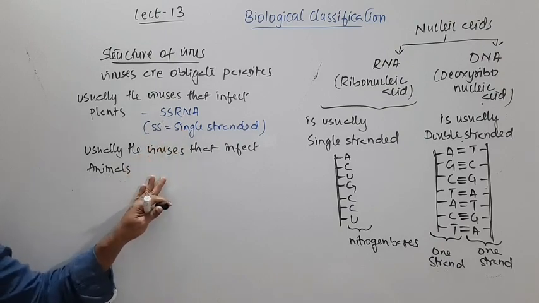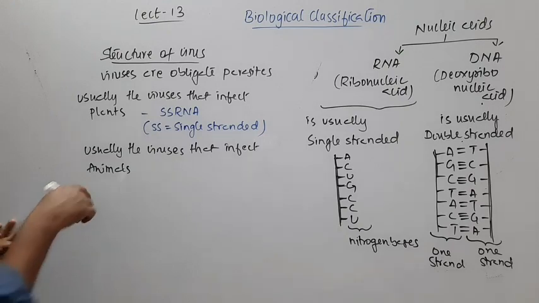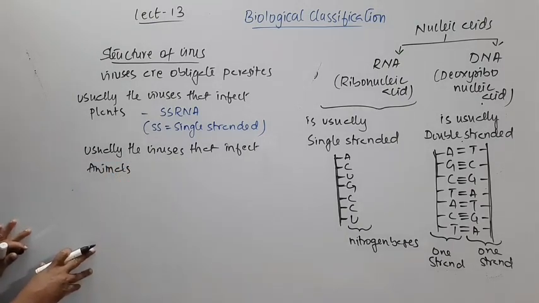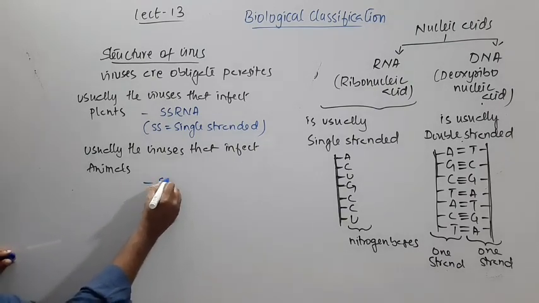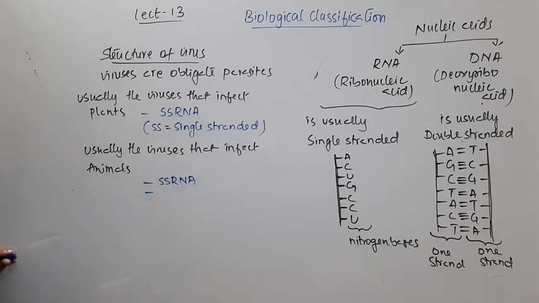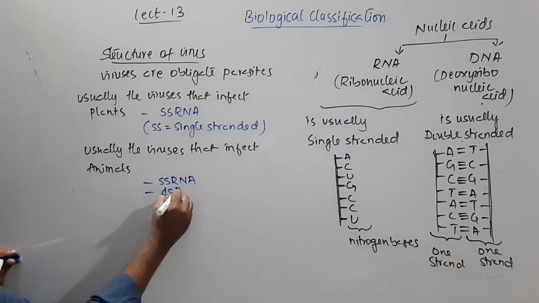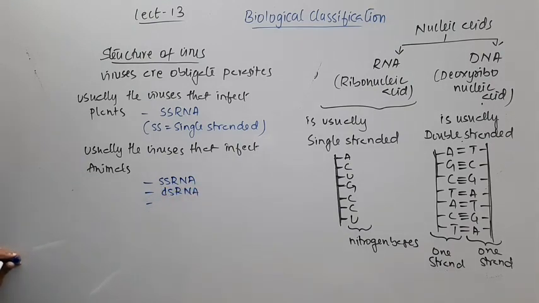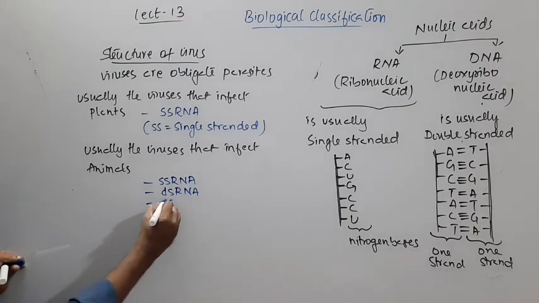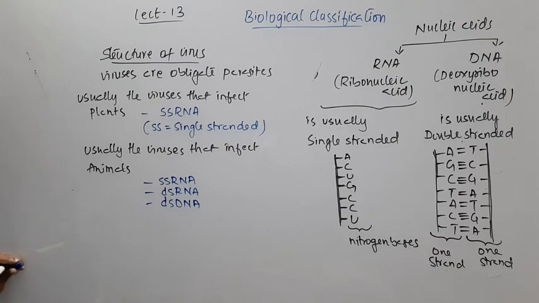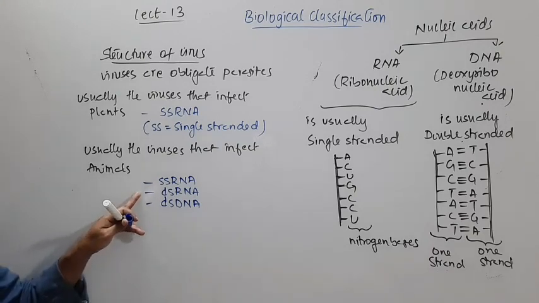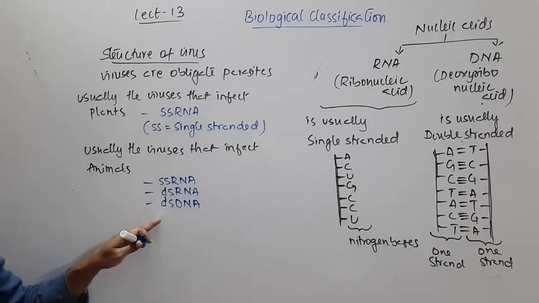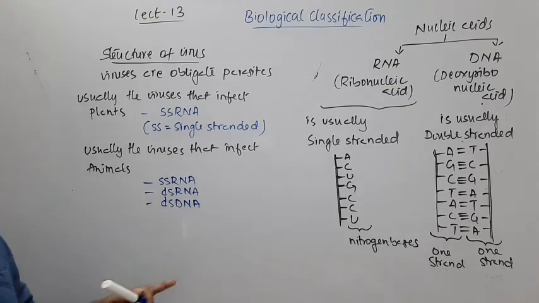Those viruses that infect animals may have single stranded RNA, or they may have double stranded RNA, or they may have double stranded DNA. Some viruses have single stranded RNA, some have double stranded RNA, and some have double stranded DNA. I'm talking about those viruses that infect animals and cause diseases.